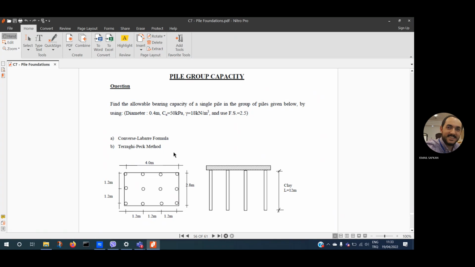I cannot say for sure this is always the best option, because it depends on soil. If you have a weak soil, going deep doesn't help anyway. But if you don't have weak soil and you have stronger soil down there, this is more economical.